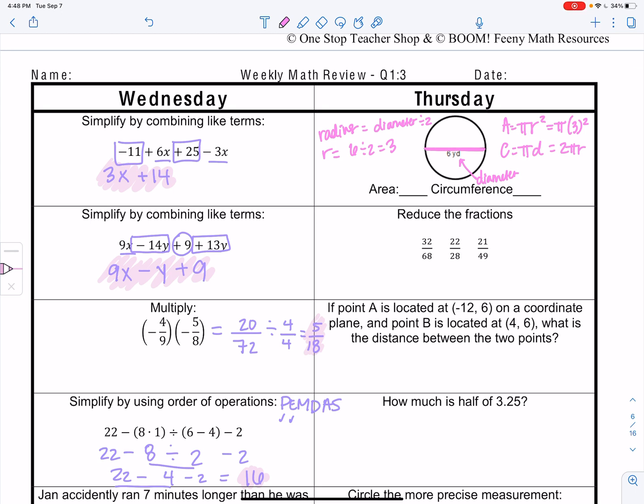And you're just going to end up rounding to the nearest hundredths. So leave that as 28.27. And let me write that a little bit better. 28.27. So that's your answer for your area.